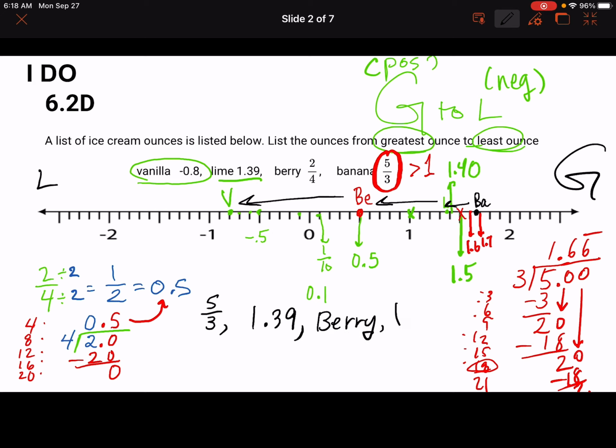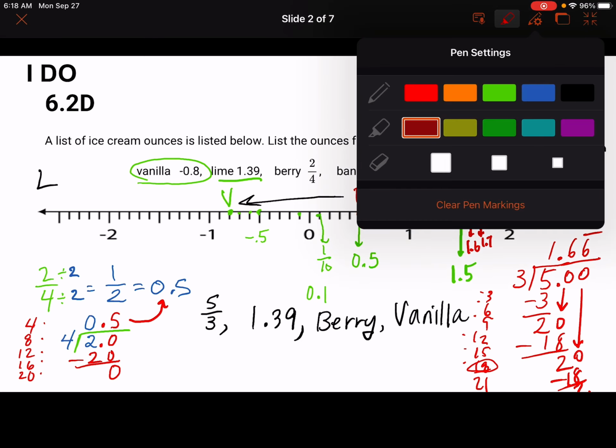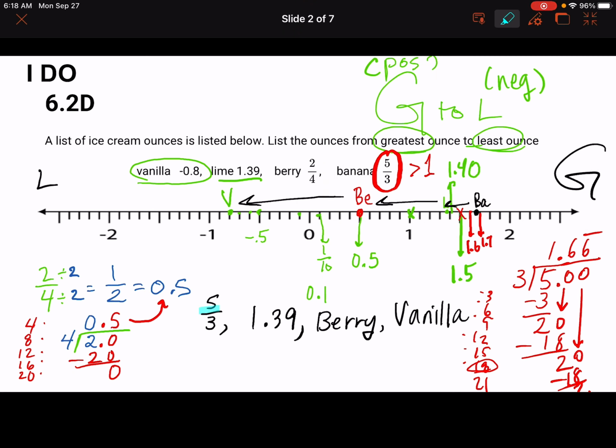And then we have vanilla. Make sure you're following along, please, and write out everything that I'm writing on your paper. Okay, moving on to the next question.